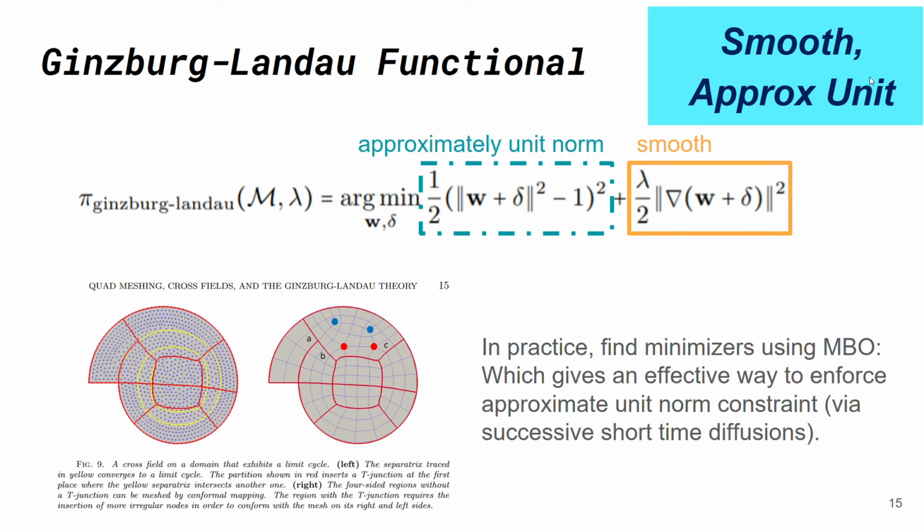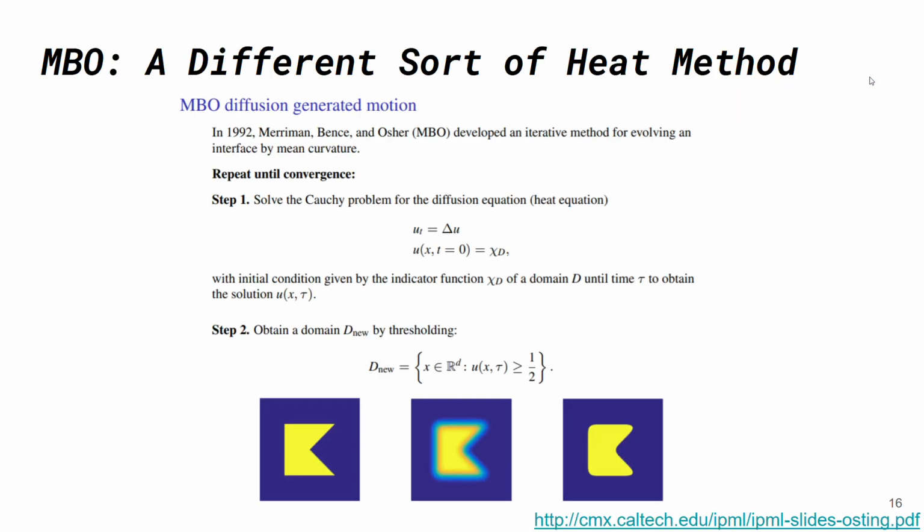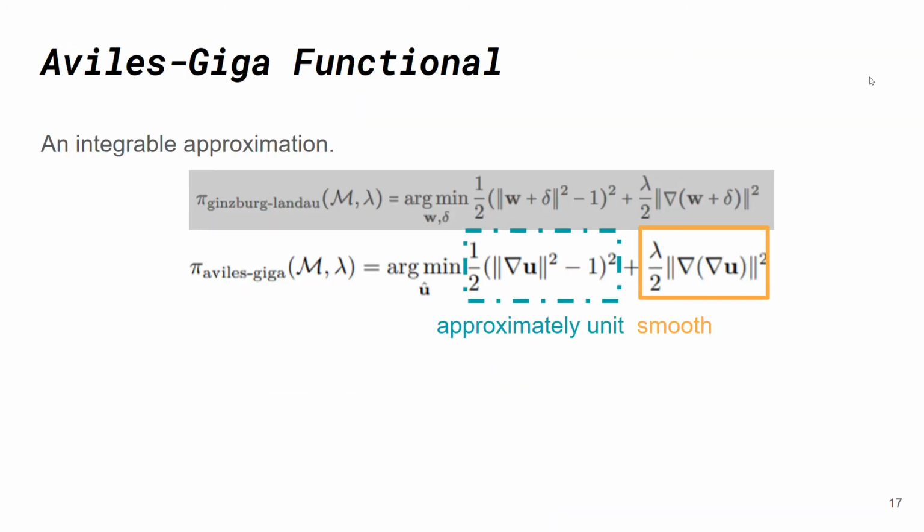And in practice, the way to solve this problem is using an algorithm called MBO. And how does MBO work? Well, it's a two-step process in which you do a smooth diffusion followed by a rounding step. And what we're going to point out now is that there's another functional called the Aviles-Giga Functional that has been studied more recently in the mathematical physics literature.